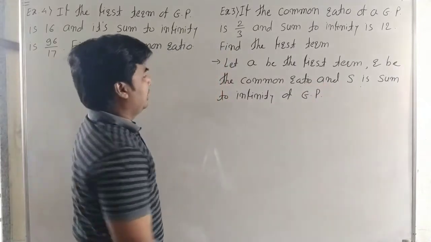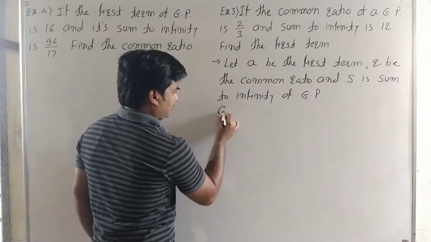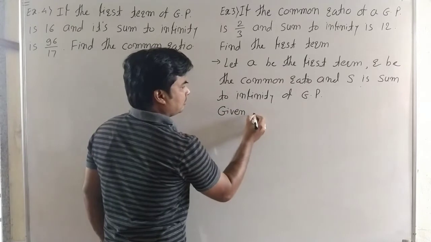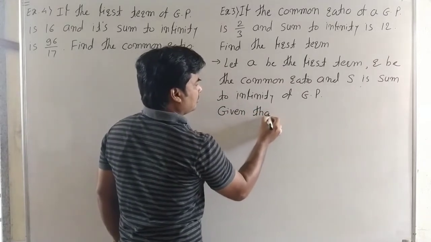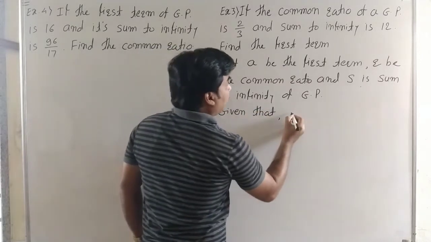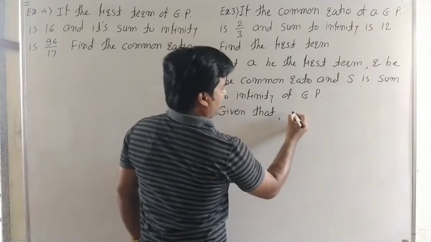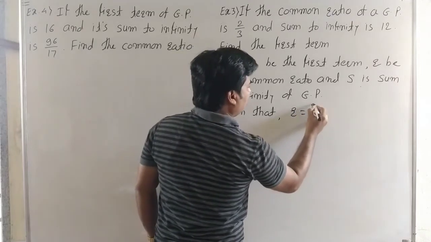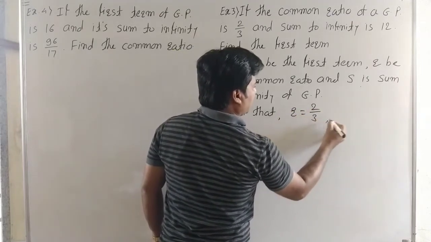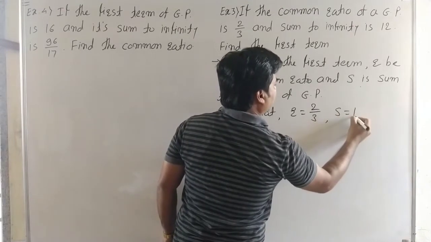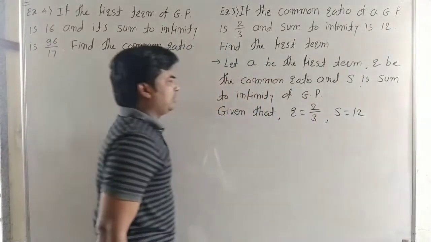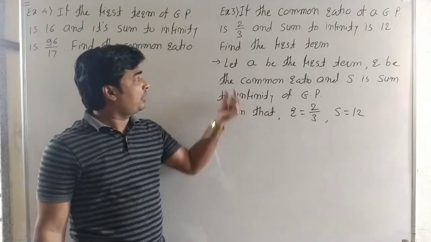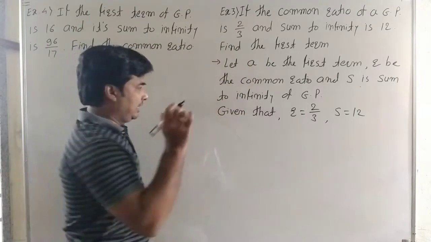Now given that the common ratio r is equal to 2 by 3 and the sum to infinity is 12, we want to find the first term, that is, a.